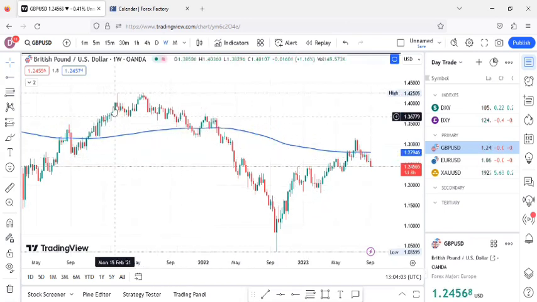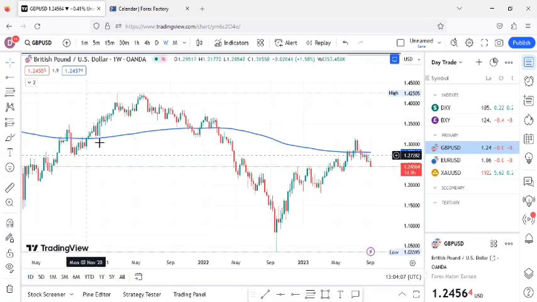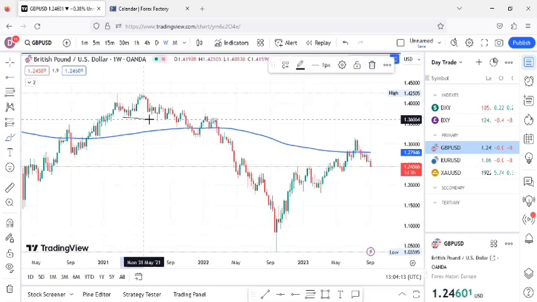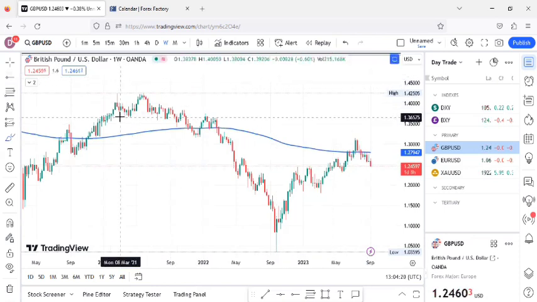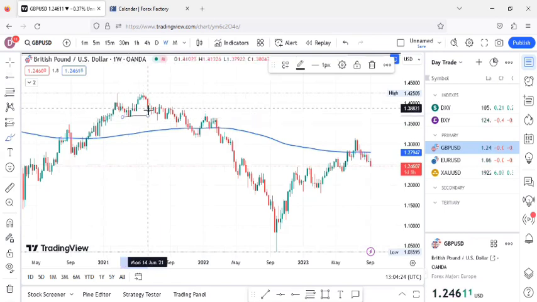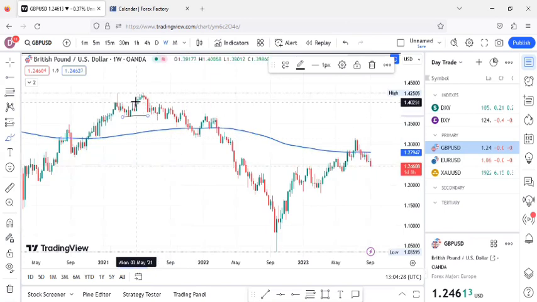If you look at this place now, we have an uptrend here. Then from this place, we have a break of structure here, which is a change of trend. We have a change of trend here, and it moves to the downside.